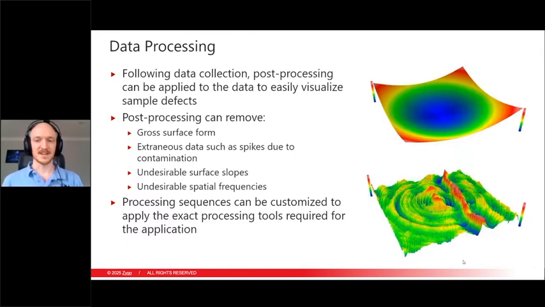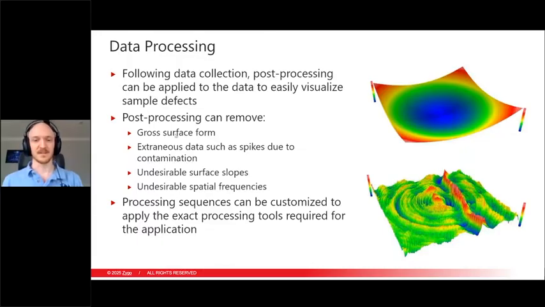In this case here, we have a curved surface, and after applying processing to this, you can see we've removed all of this gross form, and it really highlights for us the turning marks on this surface, as well as this very clear defect in the form of some ridge.